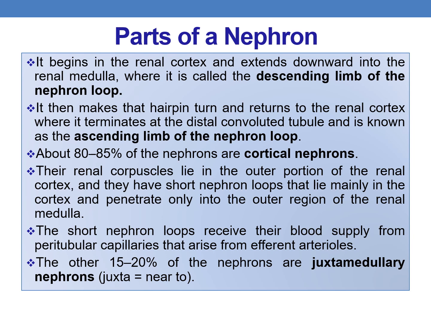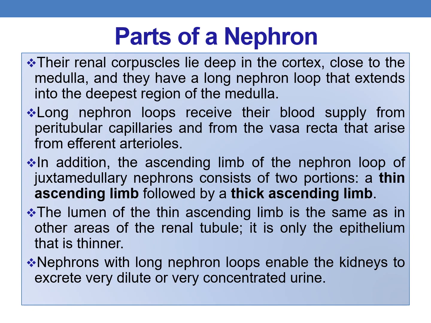The other 15 to 20% of the nephrons are juxtamedullary nephrons. Juxta means near to. The renal corpuscles lie deep in the cortex, close to the medulla, and they have a long nephron loop that extends into the deepest region of the medulla.